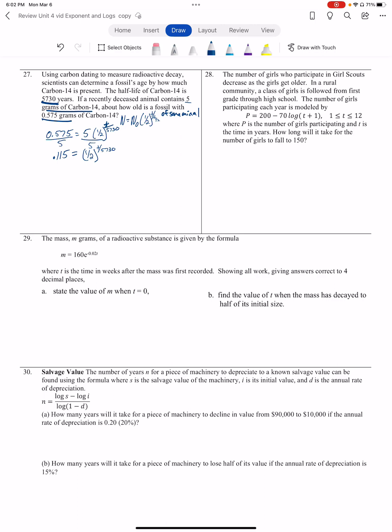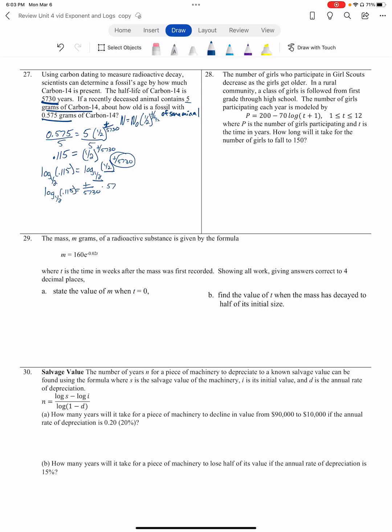Since you don't have to do change of base formula with modern calculators, I really do think you should just do log base 1/2 of 0.115 is equal to log base 1/2 of 1/2 to the t over 5730. The good thing about this is then it's just t over 5730 is equal to log base 1/2 of 0.115.